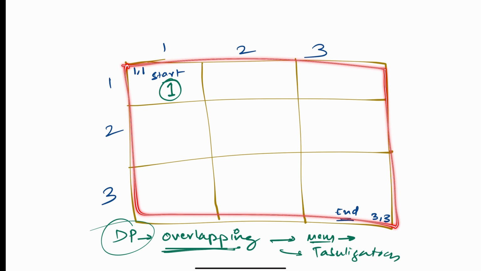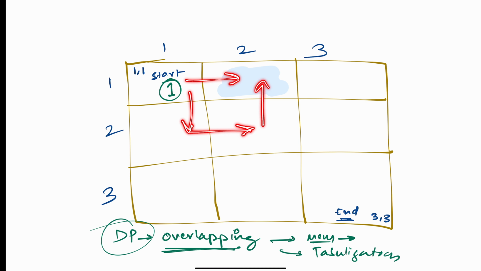We know 1 comma 1, reach to 1 comma 1, the solution was 1. Now we are considering which part, 1 comma 2. How many ways I can reach? Only this way. Even if I go down, then I can go like this, but I cannot move in up directions. So there is only one way to reach here.